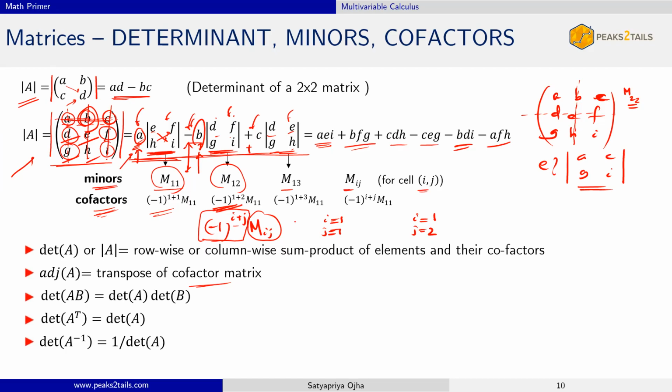Some very useful properties of determinant. We write determinant as det A or mod A. See, mod is not accidental. Anything mod actually talks about size. What is mod of minus 5?